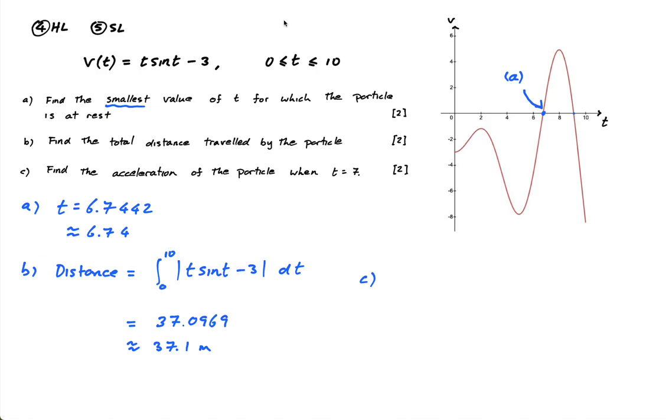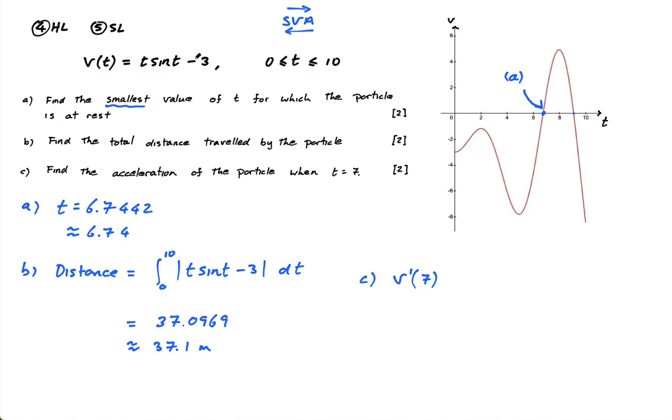If you remember, guys, I use SVA, displacement, velocity, acceleration. And this way you differentiate, this way you integrate. So we're going to differentiate velocity. So I'm going to get v dash of 7, because it's when time is 7.